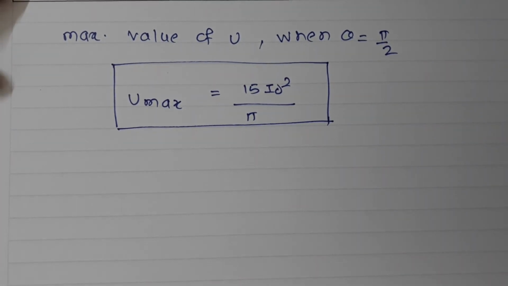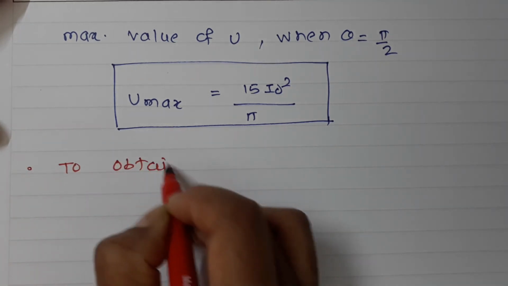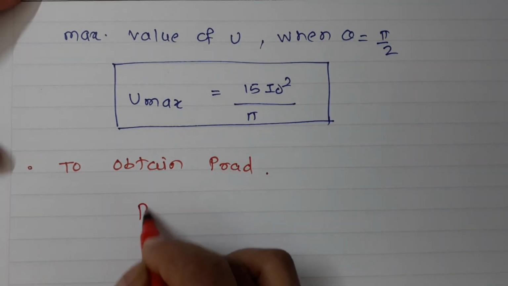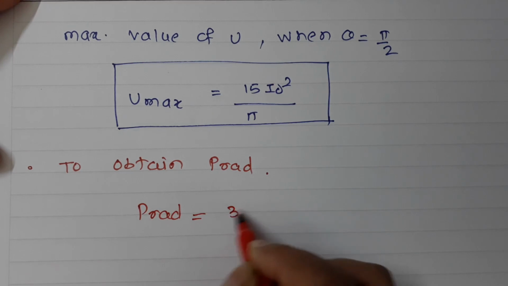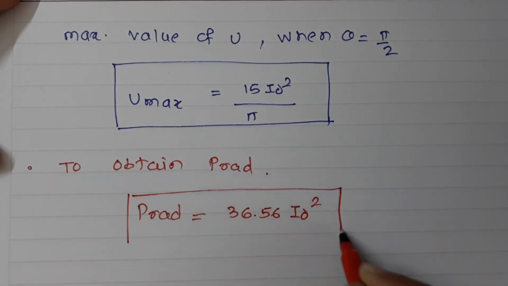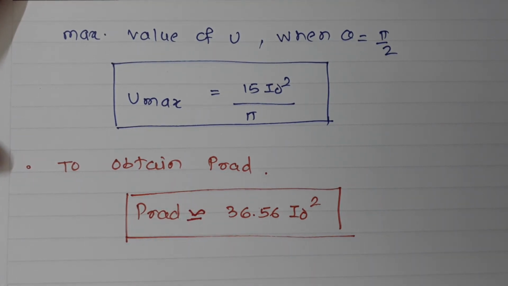Now how can I calculate P radiated? We have already obtained that P radiated is equal to 36.56 I0 square. This is an approximate value. Now the next one is D0.